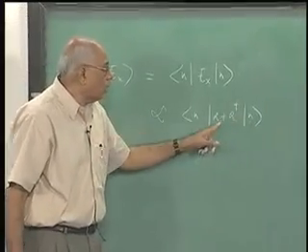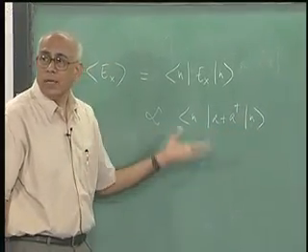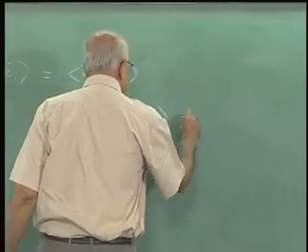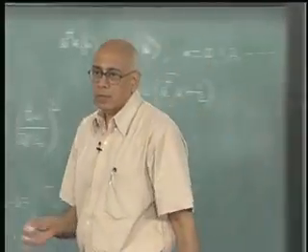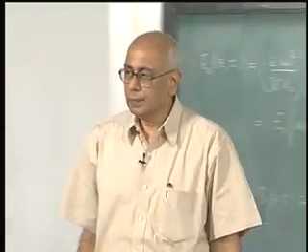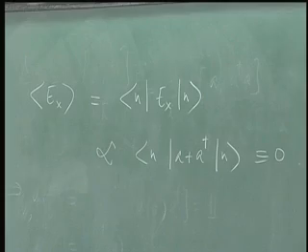Since these have no diagonal elements at all, this is identically 0. So the average value of the electric field is certainly 0, but the mean square value is not 0, definitely not 0.